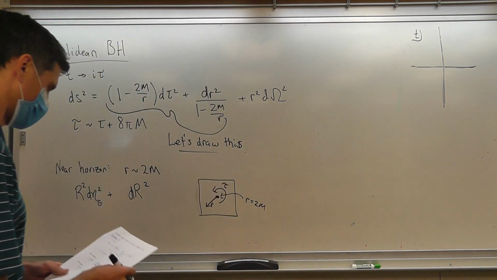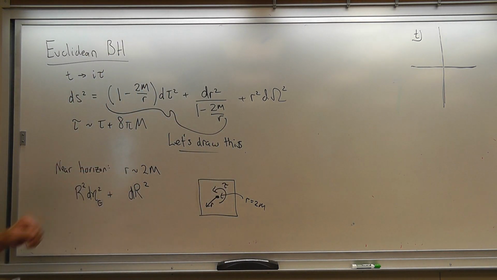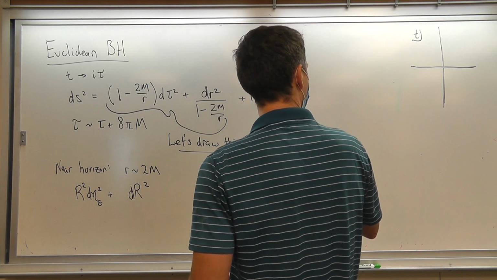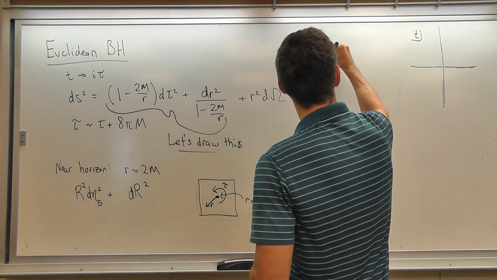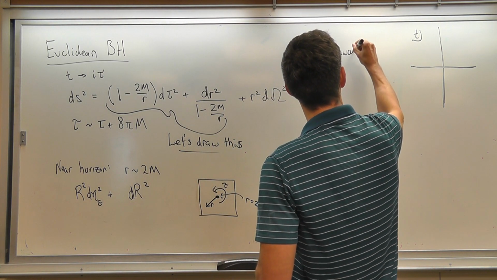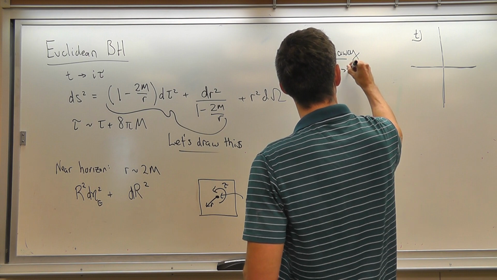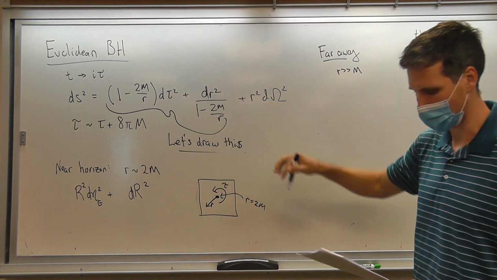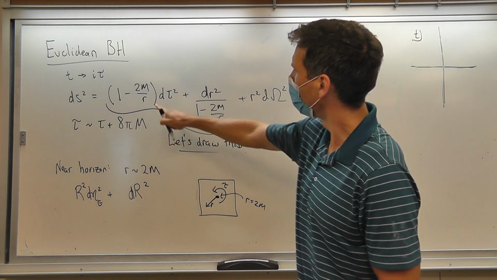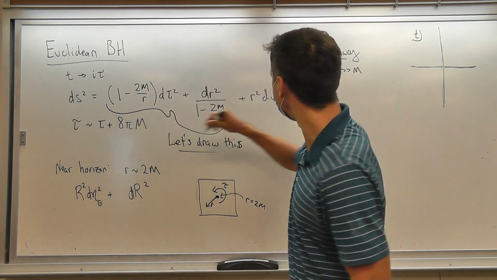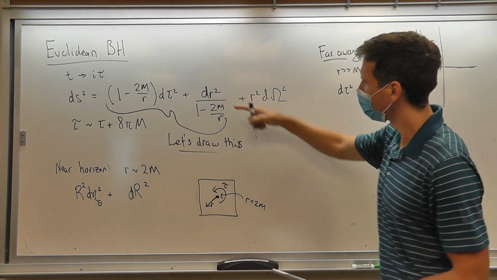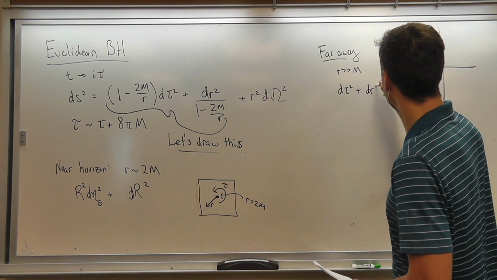Okay, so that's just a little patch near the horizon. Now, if we go far away from the black hole, that is r much bigger than m, what does this metric look like? At large r, the first term is just d tau squared, and this is just dr squared.